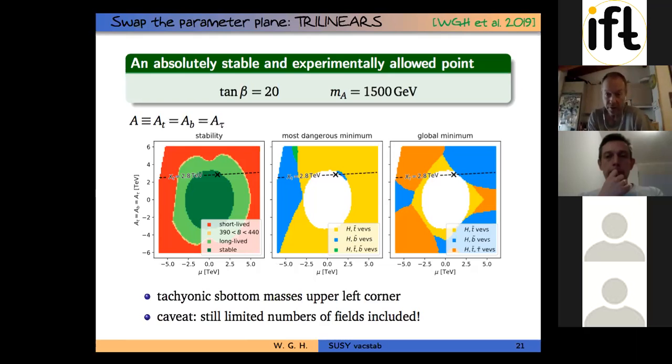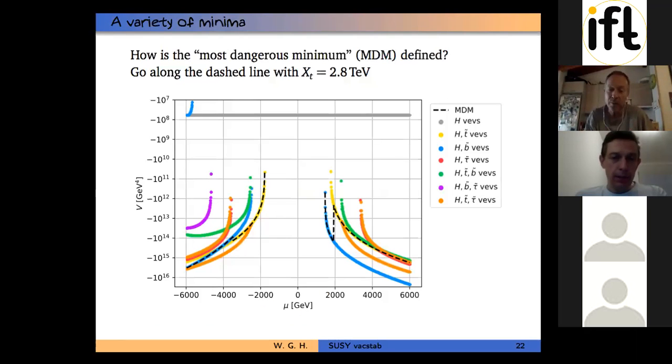Certainly the Yukawa coupling of the bottom is larger than the one from the tau. Therefore, I would naively assume, if all the other parameters are the same, like the A parameters, that the bottom gives you usually a stronger, deeper minimum.